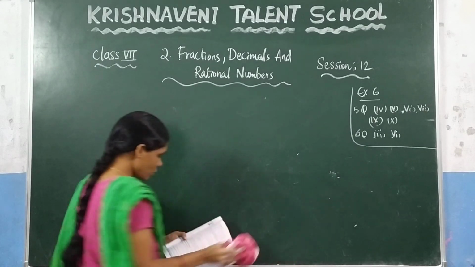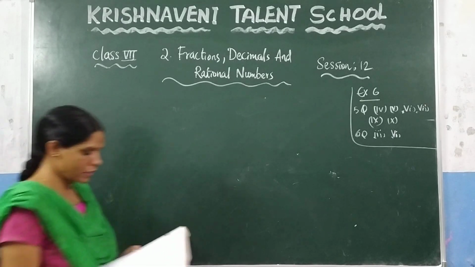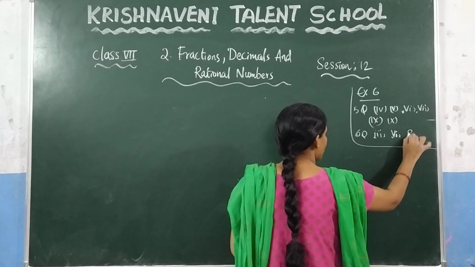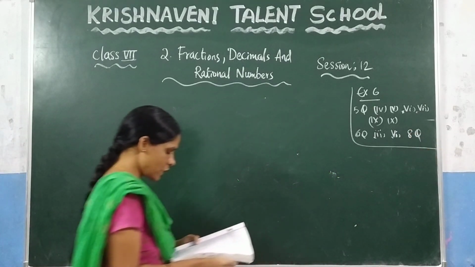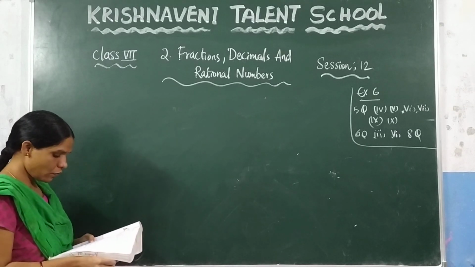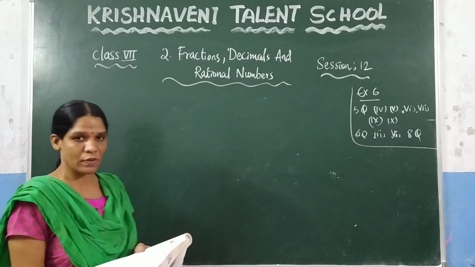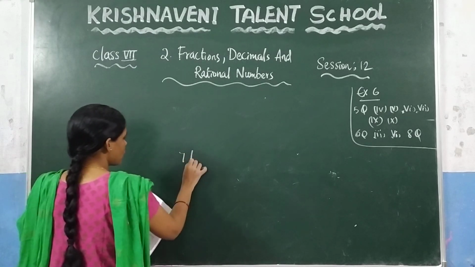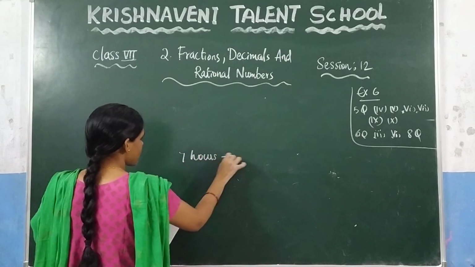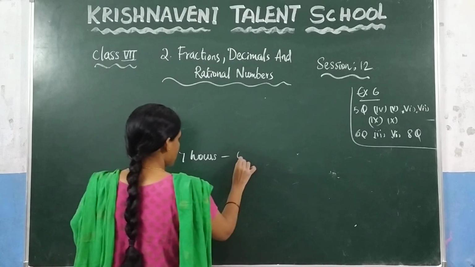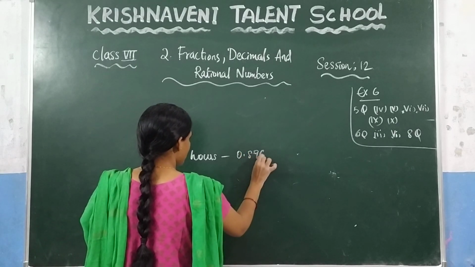So this one you can do as homework. I will just explain how to solve this problem, which is the 8th question. What is the 8th question given here? A rainfall of 0.896 centimeters was recorded in 7 hours. In 7 hours, how much rainfall was recorded here? Which is 0.896 centimeters.